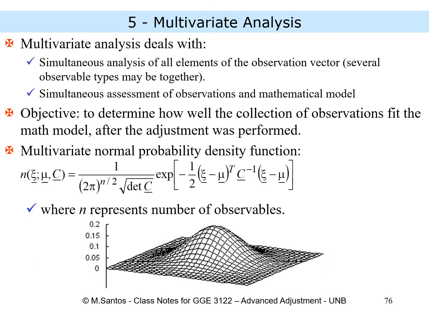Multivariate analysis deals with a multivariate normal or Gaussian PDF, in the sense that we have all the observations that have gone through the process, and they are all now part of the same package. So when we have our result, we basically have not just one PDF, but several PDFs, and we could see that basically as a surface.